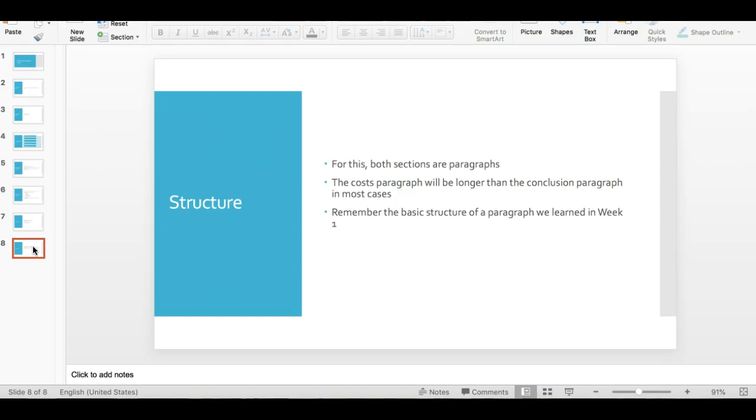And I want you to remember the basic structure of a paragraph that we learned in week 1, because I'm looking at those structures for the sections that only have 1 paragraph. So your introductory paragraph, your cost paragraph, and your conclusion paragraph are each 1 paragraph. I'm not saying 1 together, no. I'm saying those are 3 sections, 1 paragraph each. And I'm looking at the structures of those paragraphs.